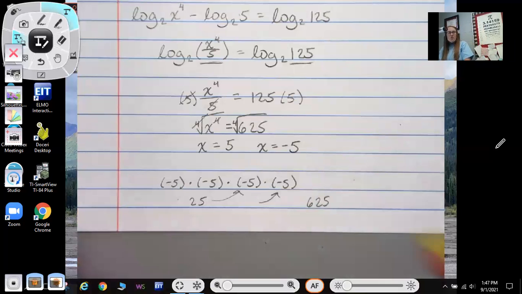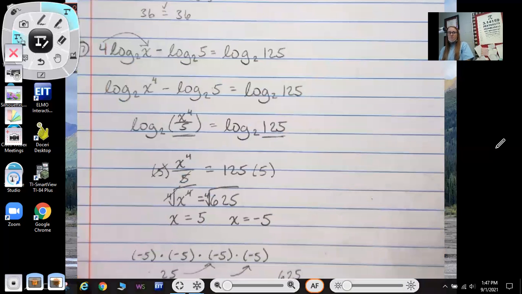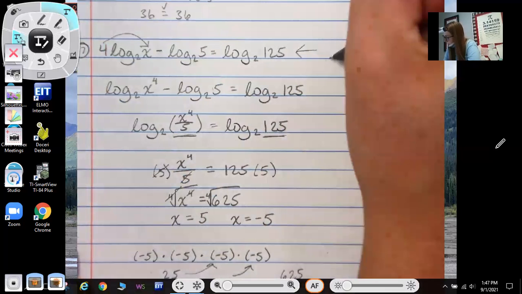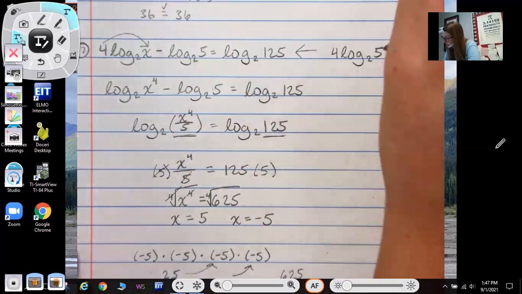Now we need to go back and check to make sure that these are solutions. When you check, you have to go all the way back to the very first line of the problem. So let's check x equals 5. So we're plugging in 5 for x.